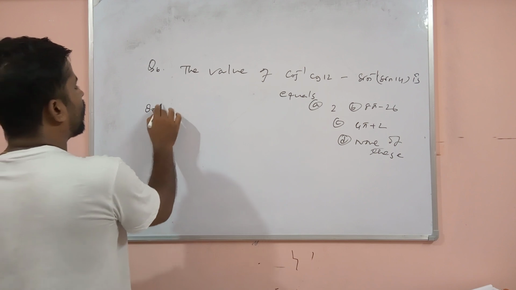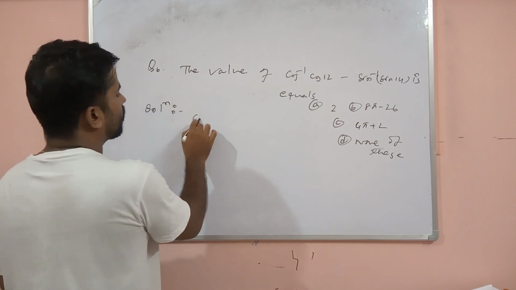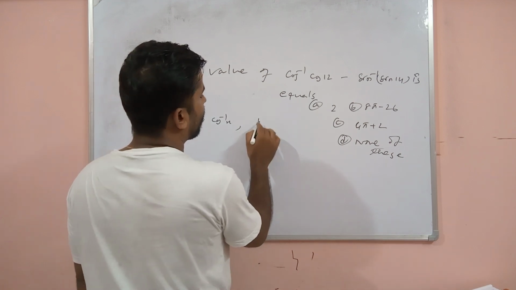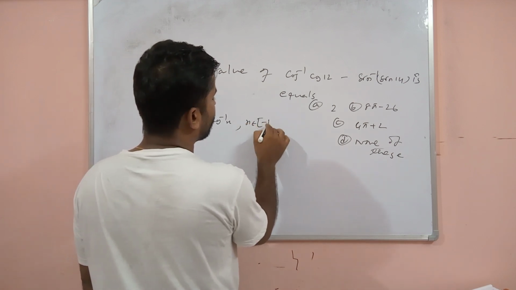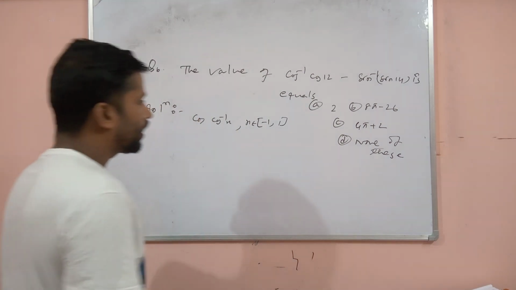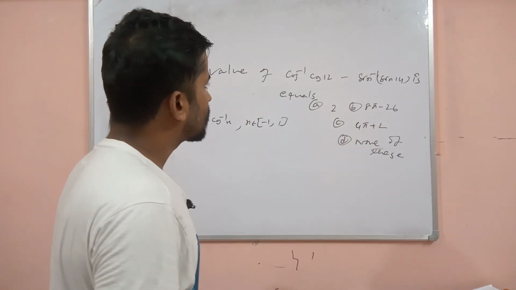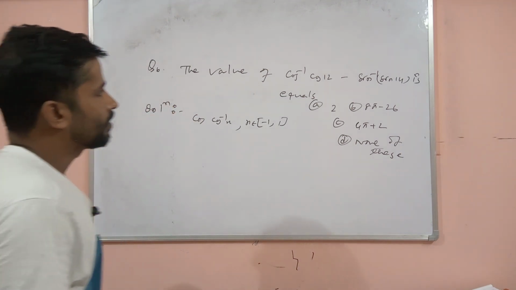Solution. As we know, cos inverse cos x will be cancelled only when x lies between -1 and +1, including them. But it is 12. So cos inverse and cos cannot be cancelled here.